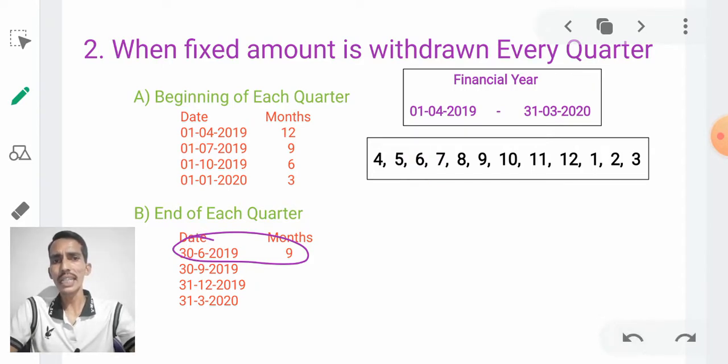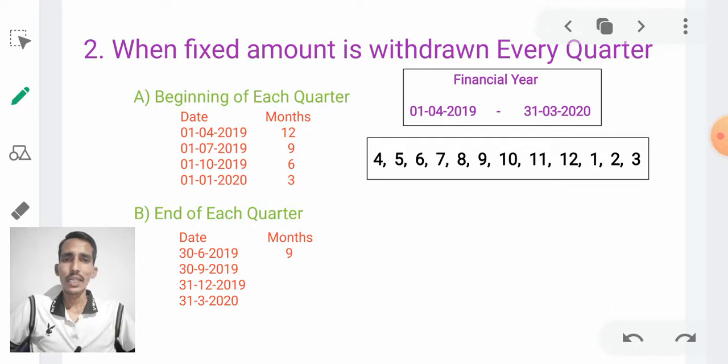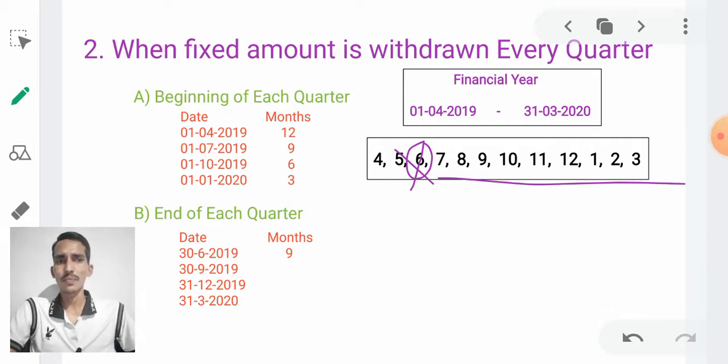Why? Because he has withdrawn at the end of the month, on the 30th. He won't give the interest for that month, June, because he has withdrawn on the ending date. Therefore, we have to leave this 6th month and calculate from the 7th month.